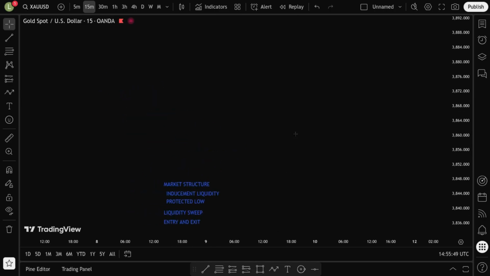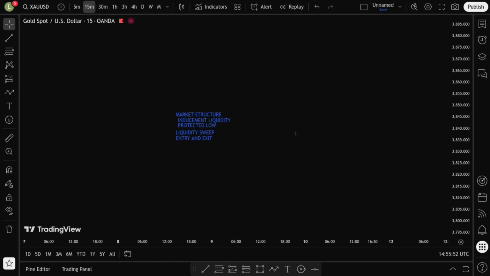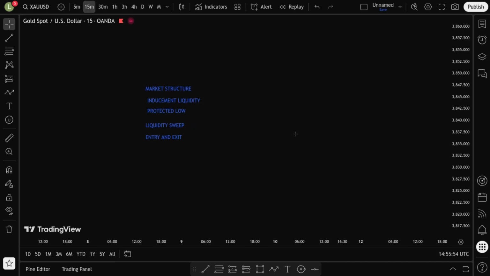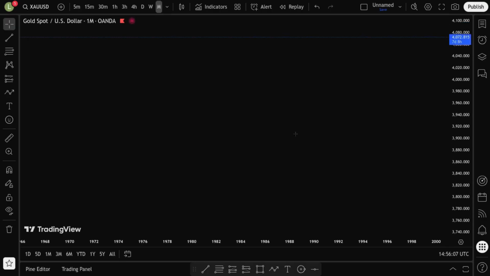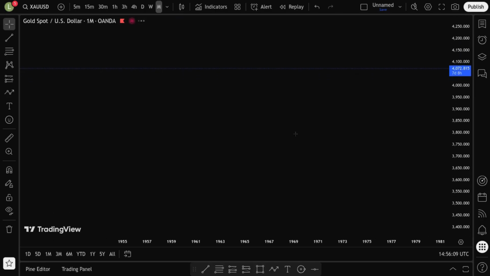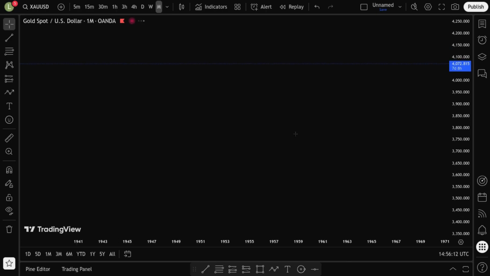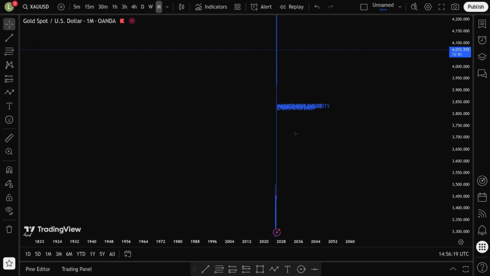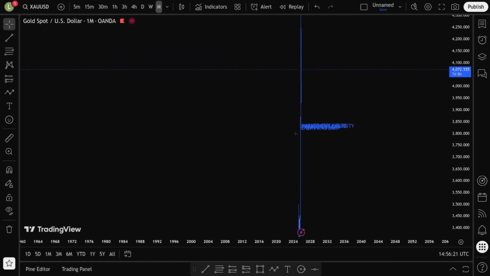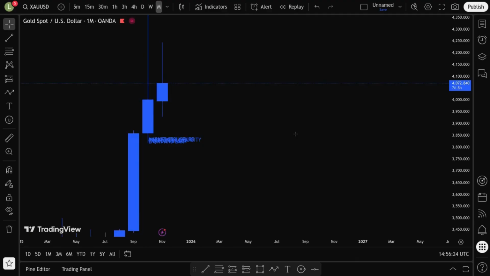Market structure is the overall direction of the market, and when you want to check the overall market structure, always look at the higher time frame.